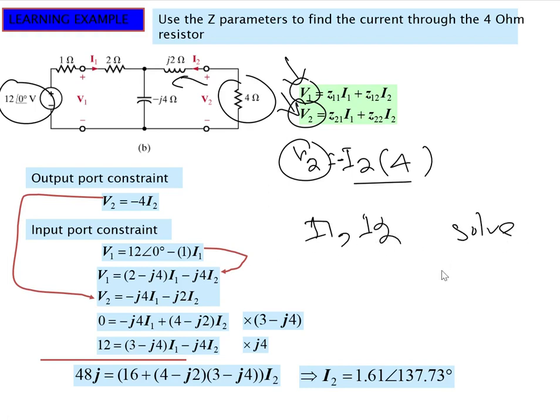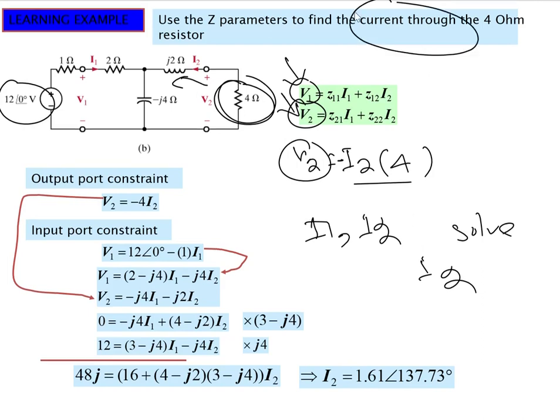Solve for I2 only. If you solve it for I2 and then multiply this 4 ohm with that I2, that would be the voltage across this resistance, and if we just find I2, that is our answer. So just check this question and explore it. The solution is quite simple.